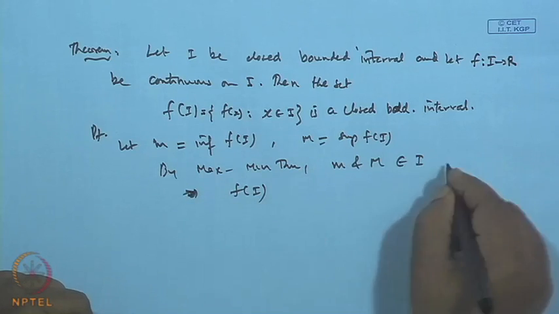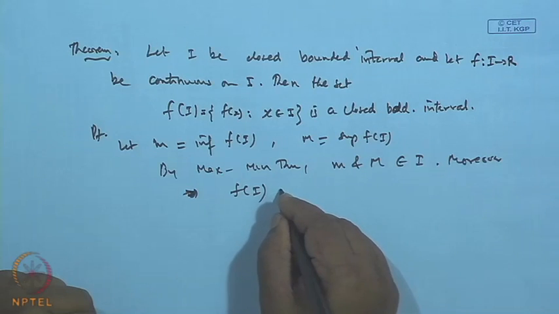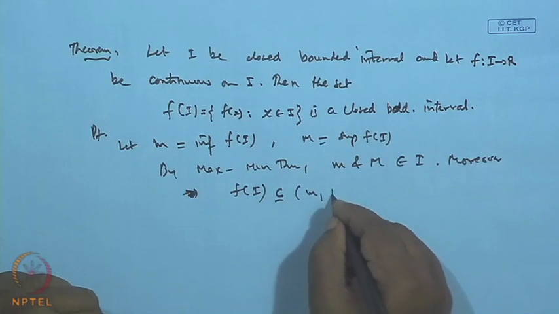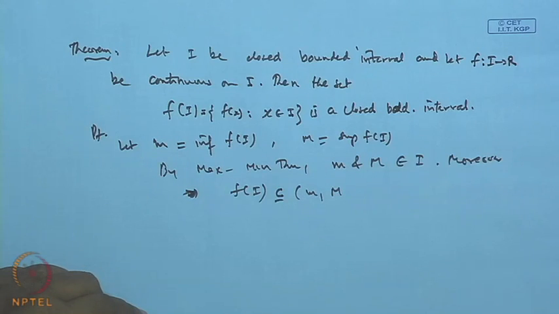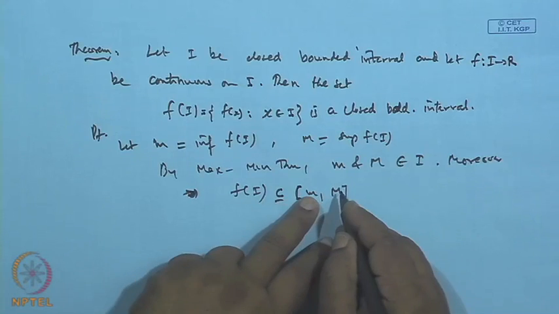Moreover, the functional values will lie between m and M, because these are the minimum and maximum values, so all the values lie in between.